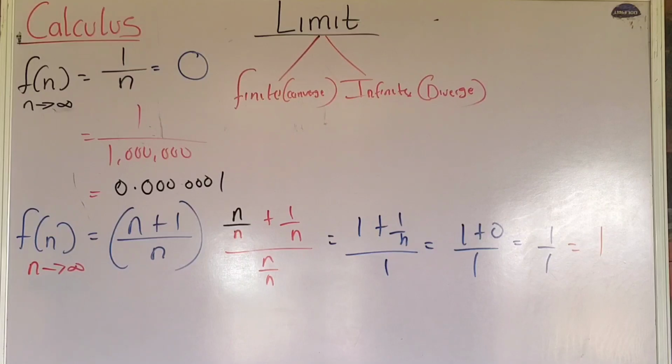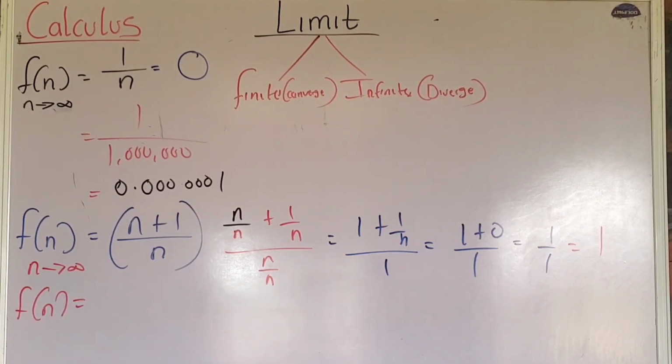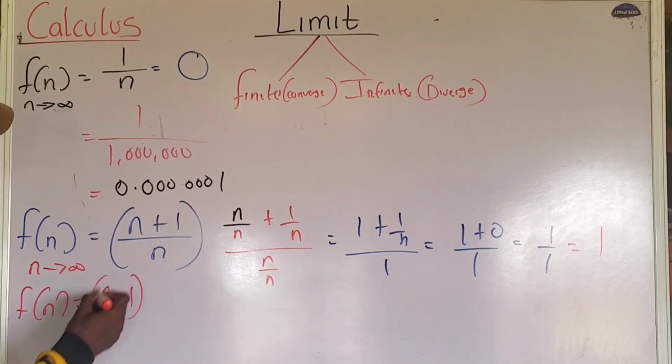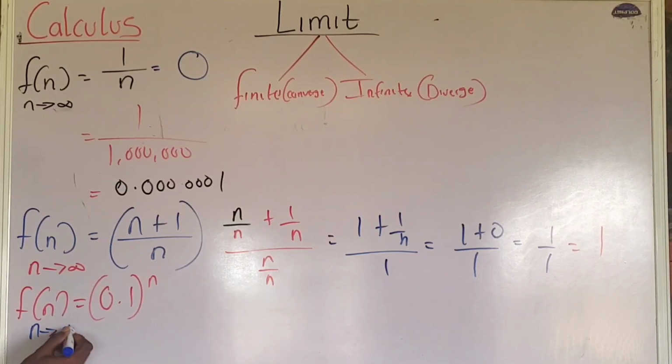Now, please pay attention. Let's say we have another one, f of n equals 0.1 to the power of n. Take the limit of this function as n tends to infinity.